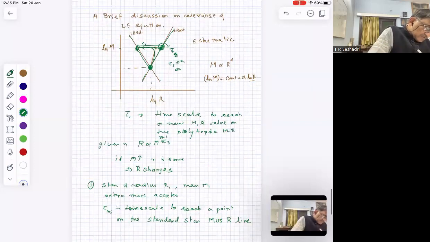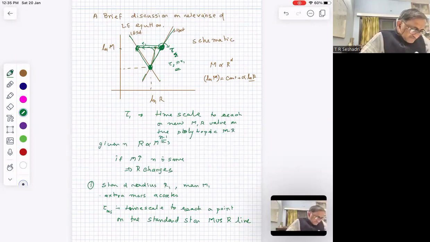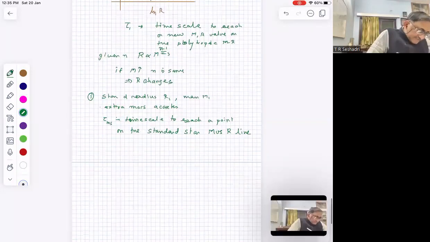That is, it should settle down over here. Basically, suppose you have a star, you throw some mass, it equilibrates and gives a new star of new mass and new radius. Okay, so it will come here. But now, this is the MS.